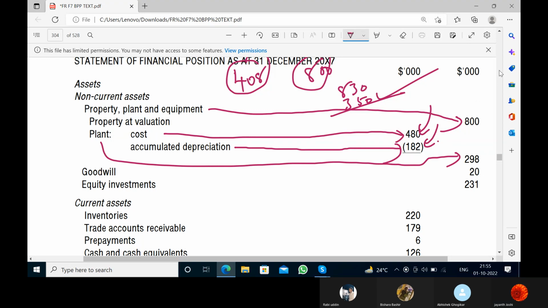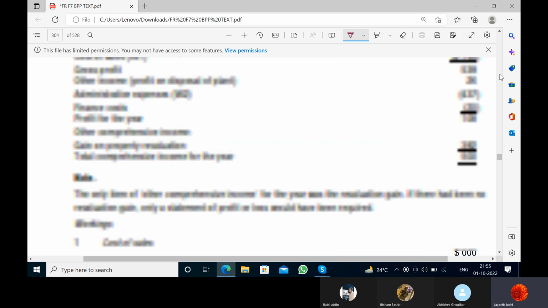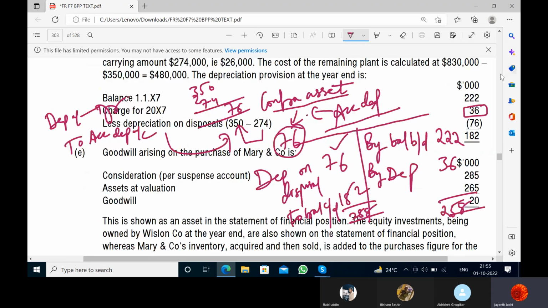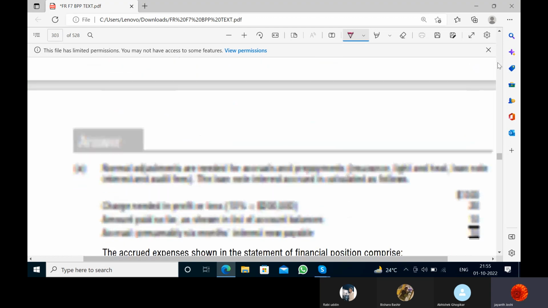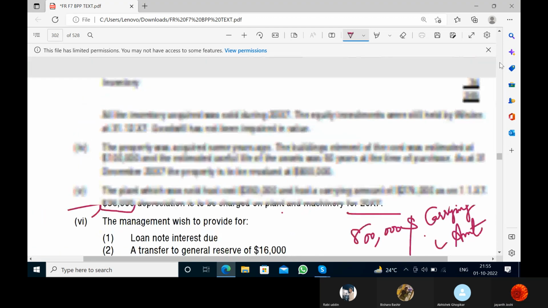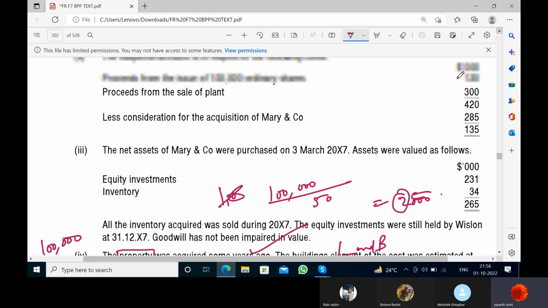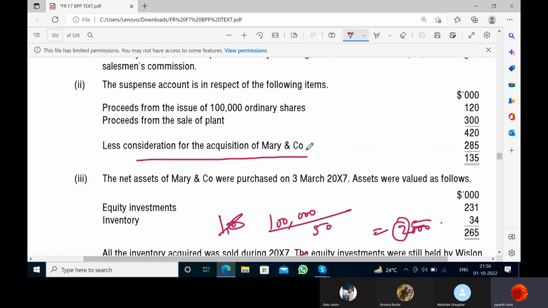Next point. This is a very important point, please understand. While doing this question, I explained you something. If you see here, there is a statement: consideration for acquisition of Mary and Company 285.